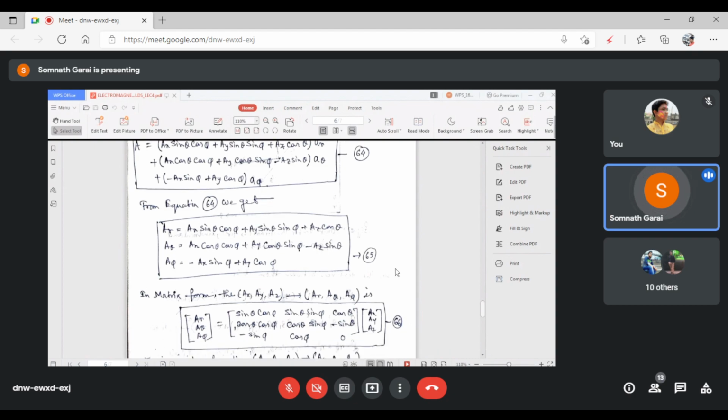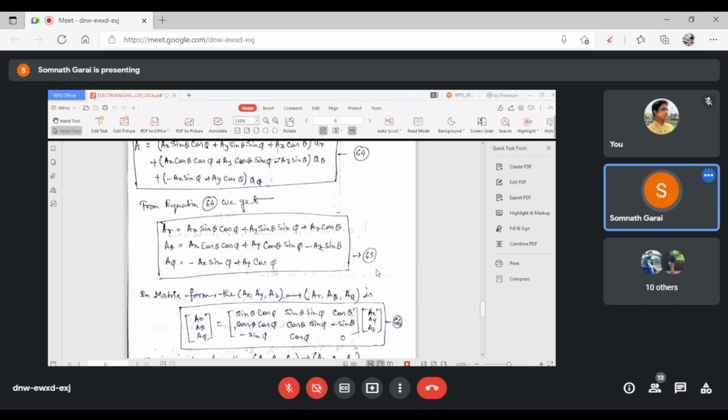This equation number 65 represents the components of the spherical coordinate system in respect of the Cartesian coordinate system.